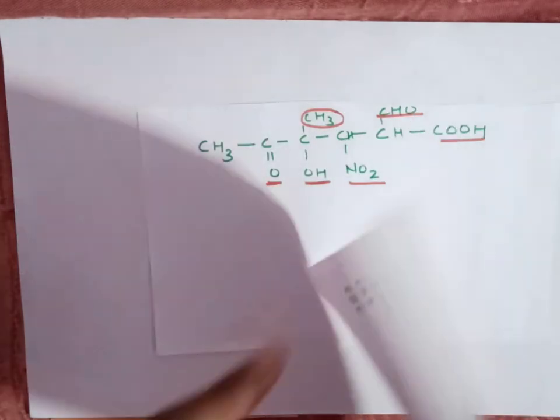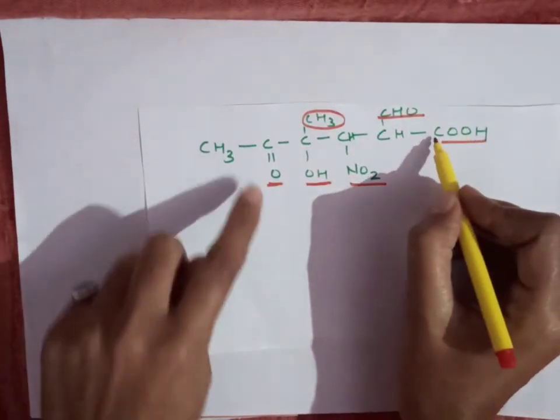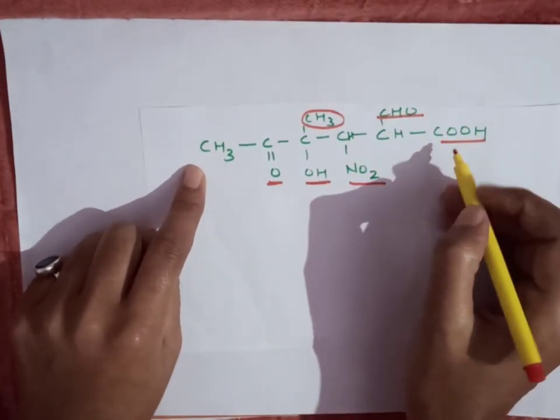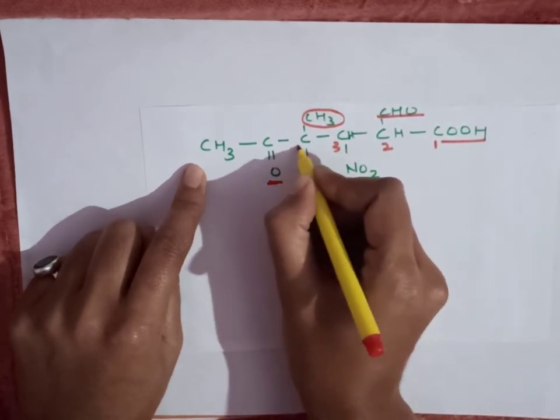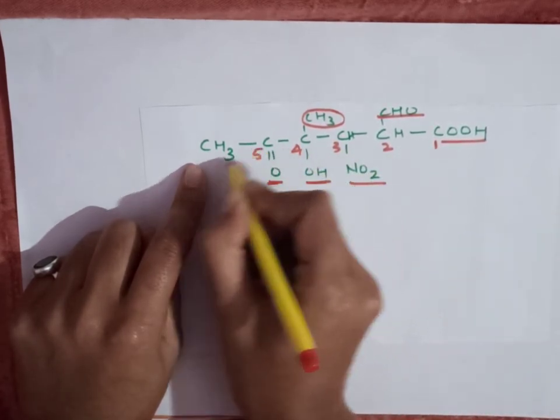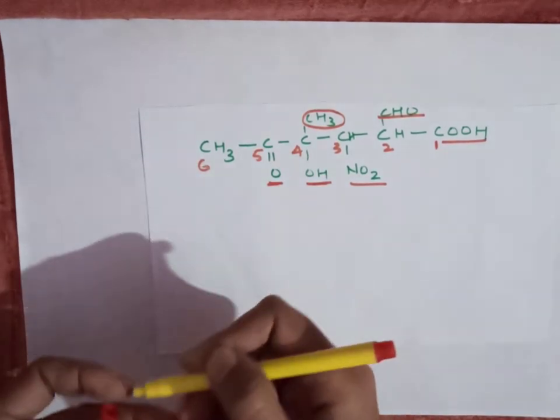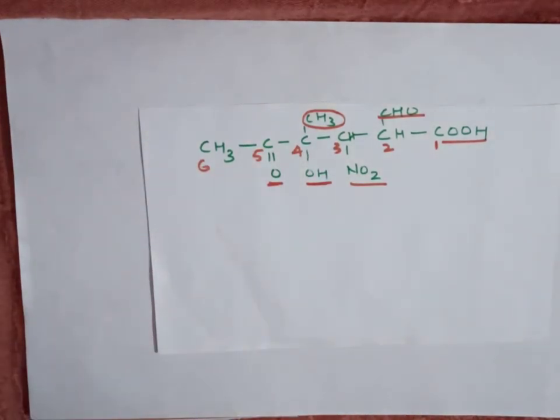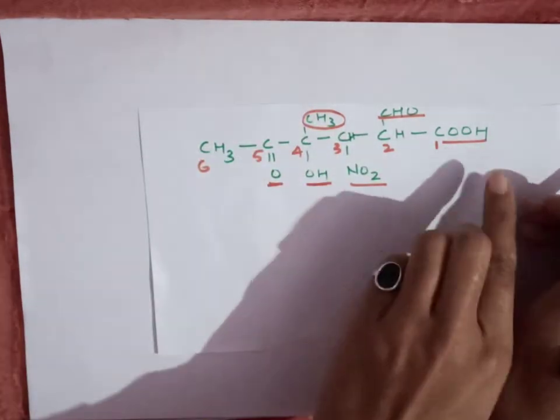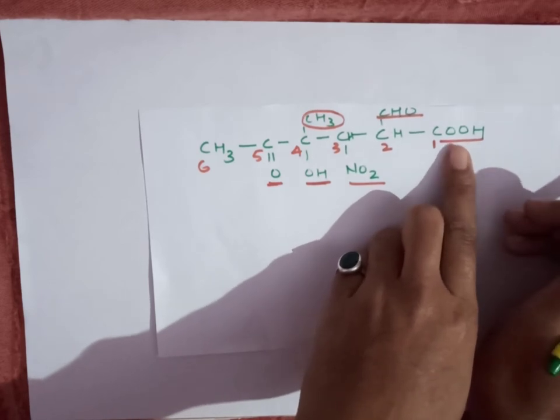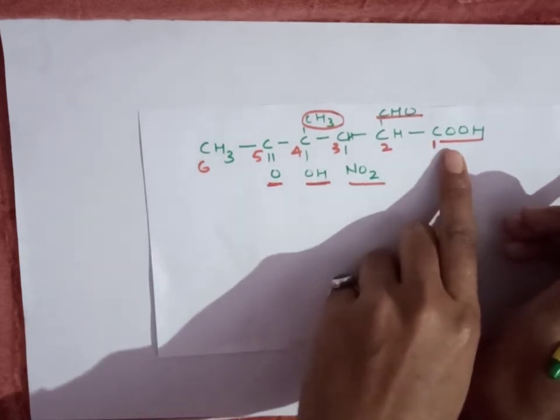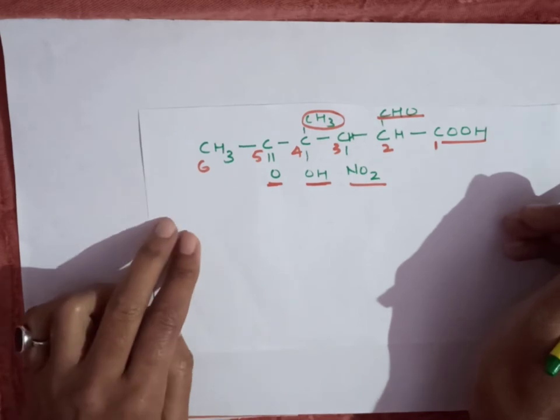So I am writing. We have to start numbering from this side. 1, 2, 3, 4, 5 and 6. Okay, you made a 6 carbon chain. Now only this one functional group will be used as a suffix, others will be used as a prefix.